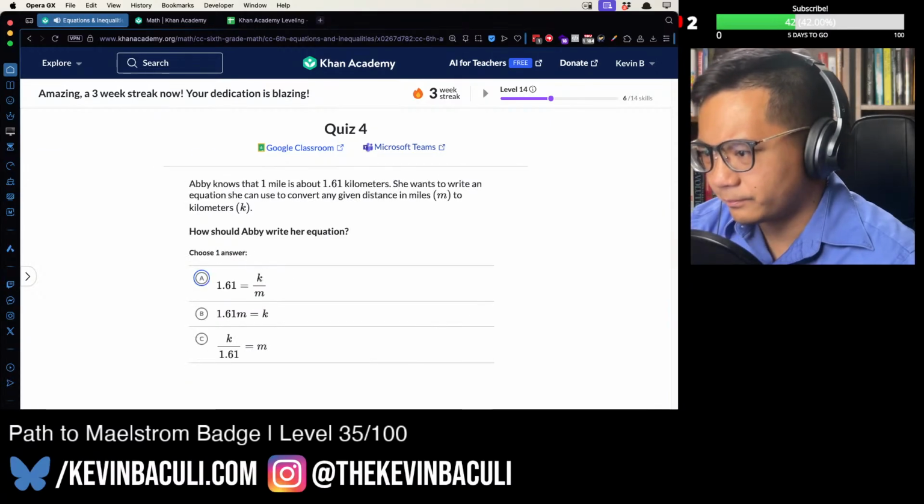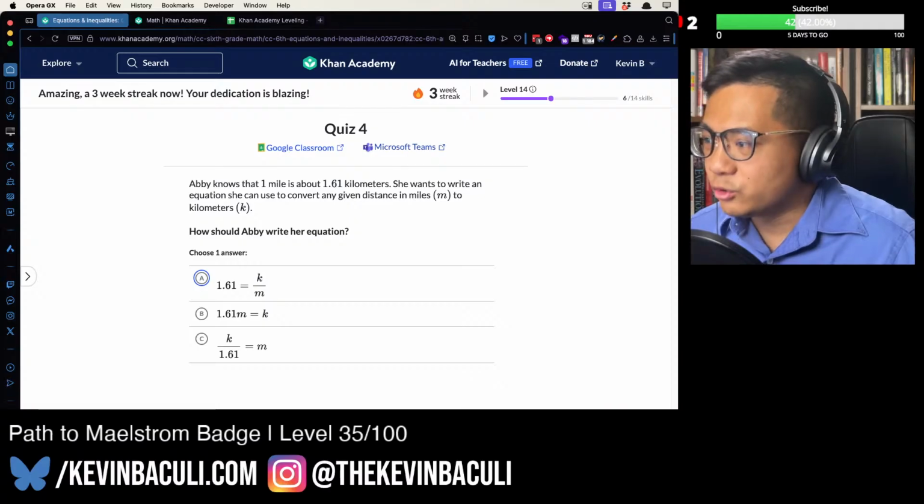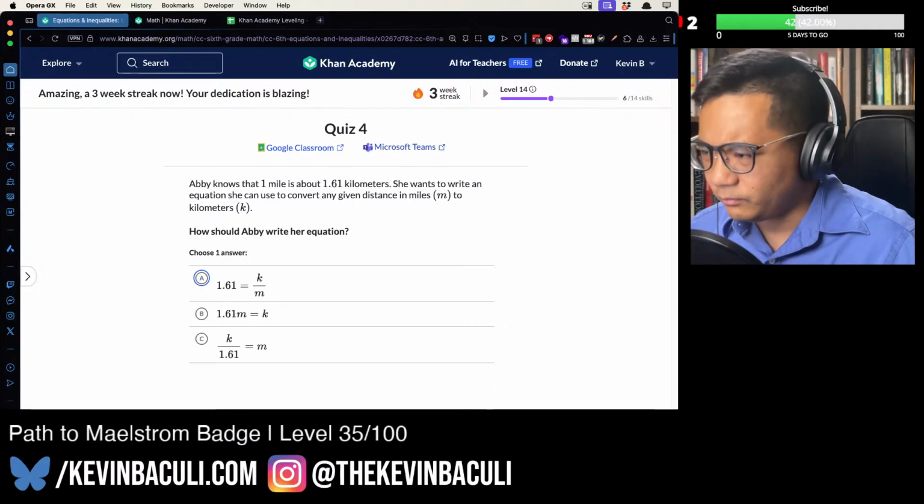15. Abby knows that 1 mile is about 1.61 kilometers. She wants to write an equation she can use to convert any distance in miles to kilometers.